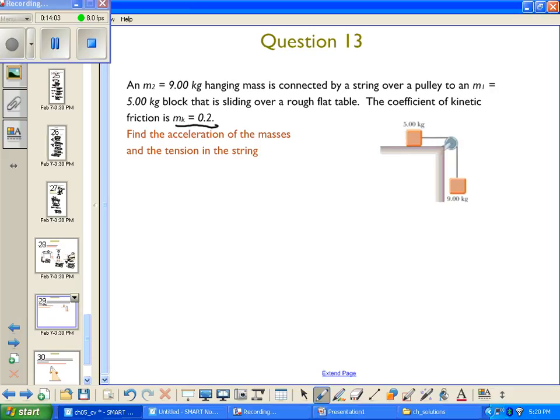And once again, we're finding the acceleration of the masses, because there will be a common acceleration. Each of the masses experiences the same value of acceleration. And we're also asked to determine the tension on the string, which again will have the same value on either side. So we need two equations to satisfy the two unknowns.